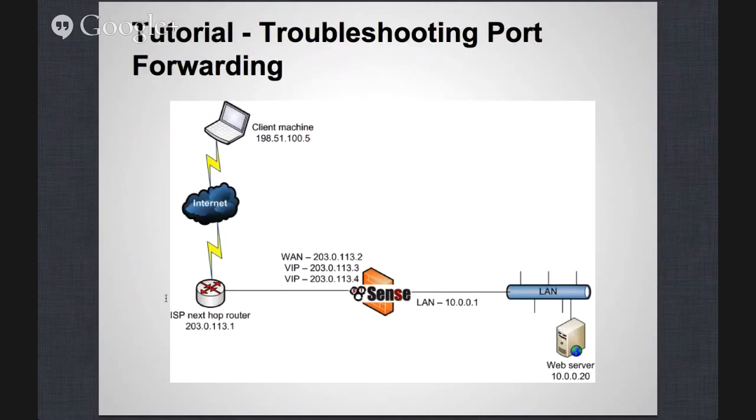Okay, moving along to the port forward troubleshooting tutorial. This is an overview of the demo network that I have in place here. This machine that you guys are seeing now is the client machine in question up here in the top left, and it's effectively acting the same as if it were out on the internet.